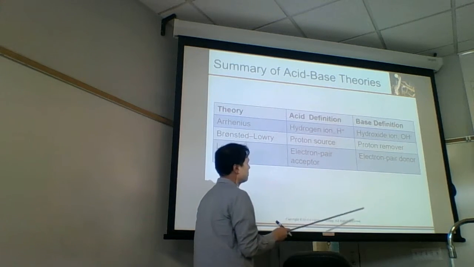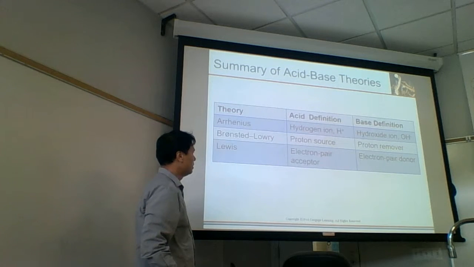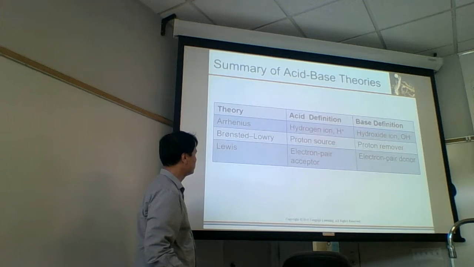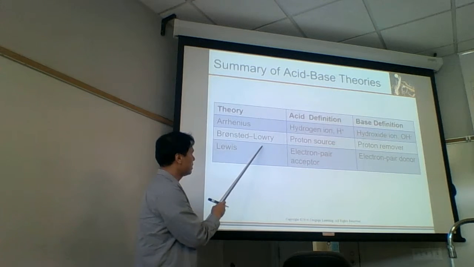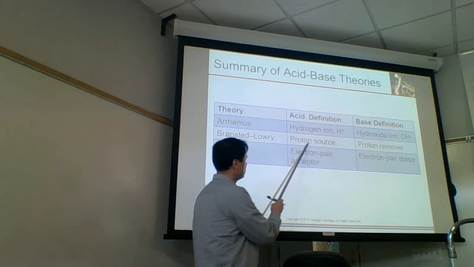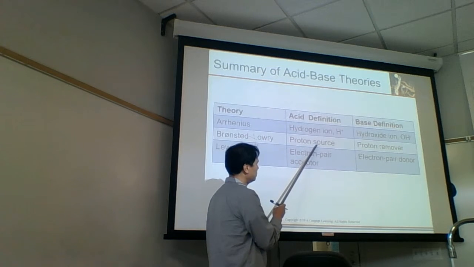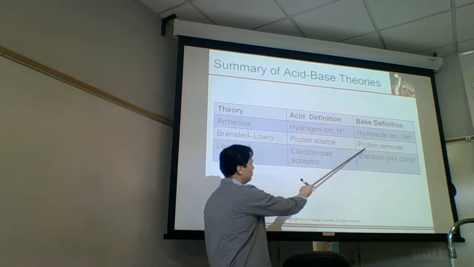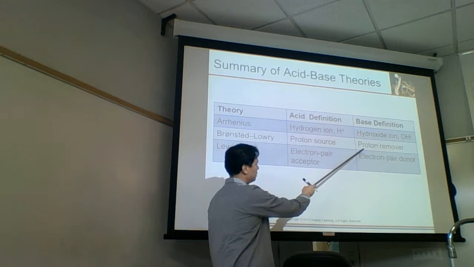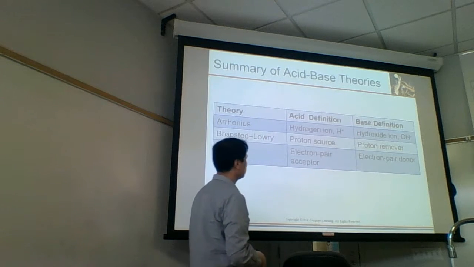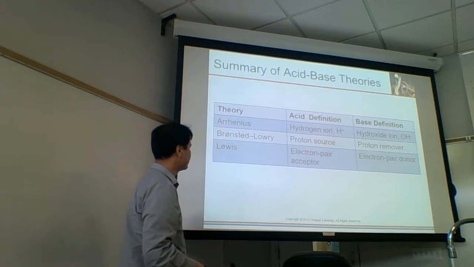And that's it. To broaden the definition of what an acid is and what a base is, we could go to Bronsted-Lowry. Bronsted-Lowry is going to be a proton donor and a proton remover, or a proton taker. It strips the proton off the acid. That's what a base is.